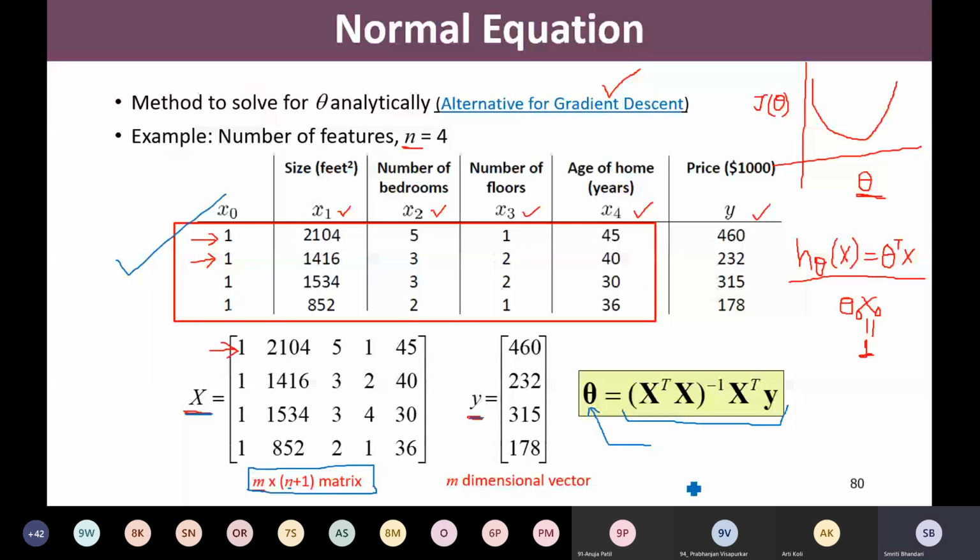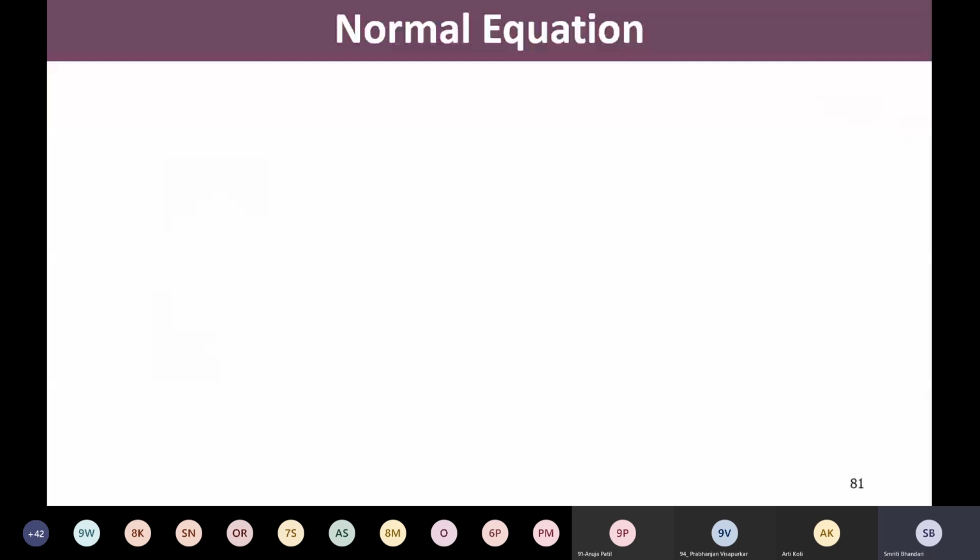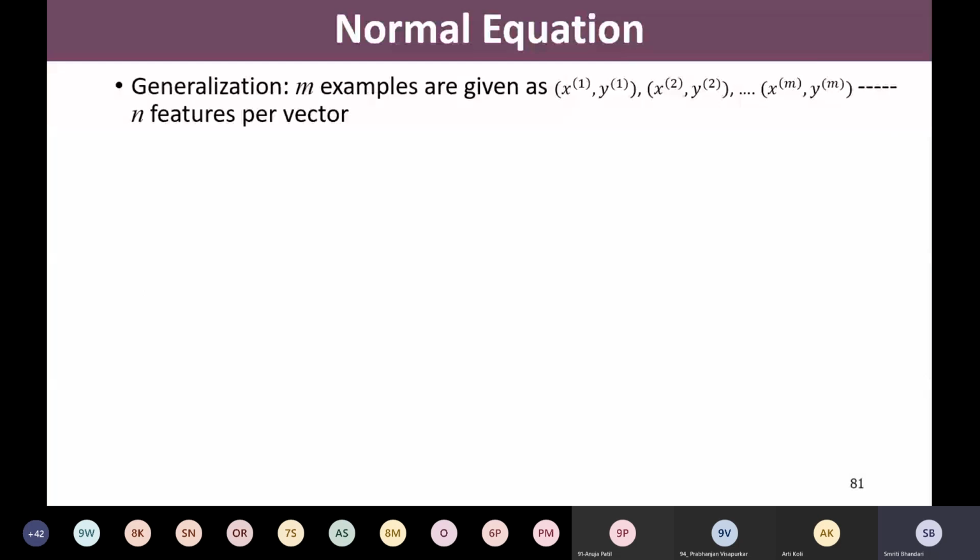Now I have demonstrated to you this normal equation method with this simple example. Let us try to generalize this. So in generalization, we have m examples. The m examples are given as x1, y1.